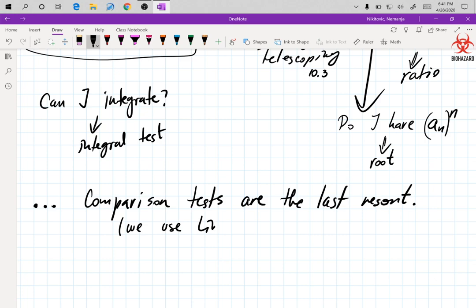We use the limit comparison test 95% of the time. Obviously that is just exaggerating 95% of the time. It's actually 96.1, but whatever. So, and the lecture is over. This is it. There is nothing else to talk about in terms of theory. I don't have any new tests.